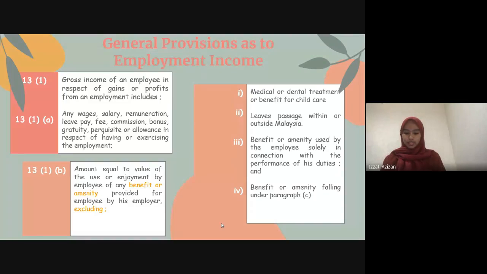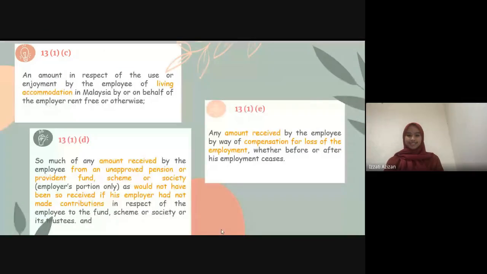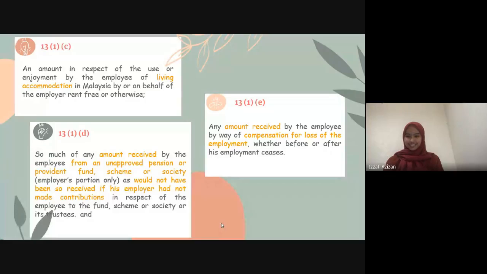Gratuity is a payment attributable to the past service of the employee. The prerequisite is that the employer gives benefit in cash or kind that can be converted into money to the employee. For example, the employer gives a laptop to their employee. Next is section 13.